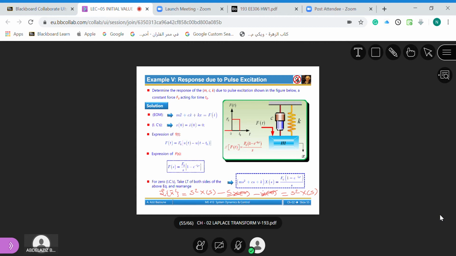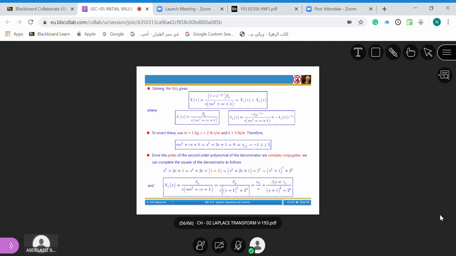So if we solve for X of s now, the equation turns out to be X of s equals (1 minus exponential minus t0 s) times f0 over s (m s squared plus c s plus k).